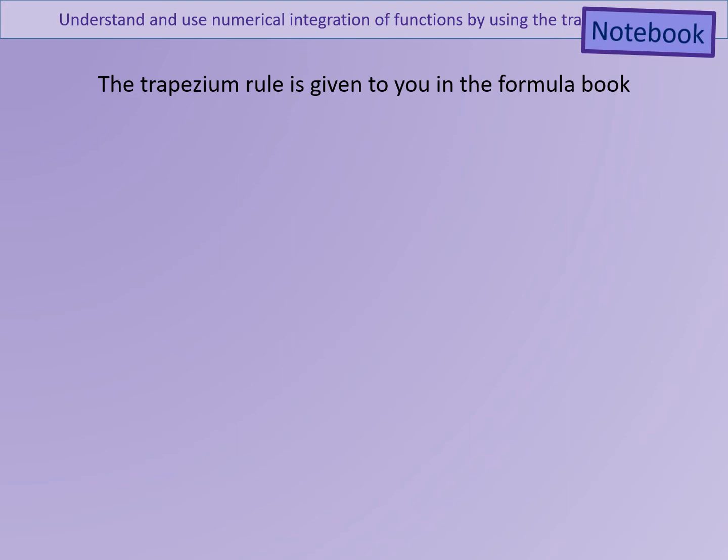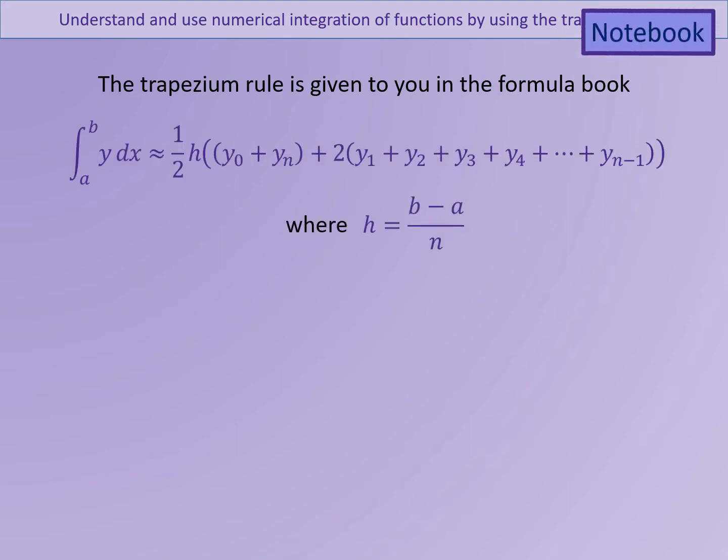So this is given to us in the formula book as the trapezium rule. It's written slightly differently. For example, the 2 end ordinates are just put together here at the beginning.